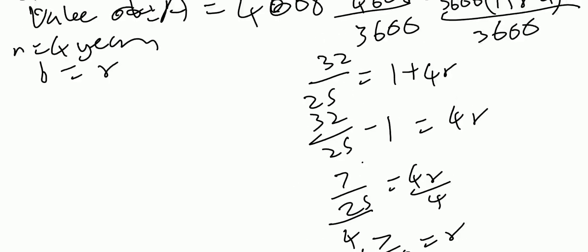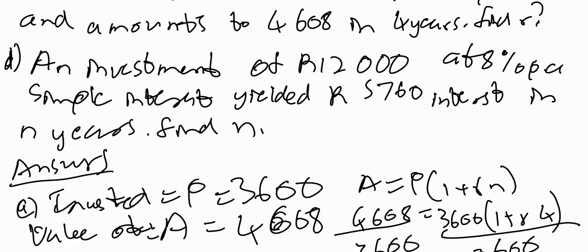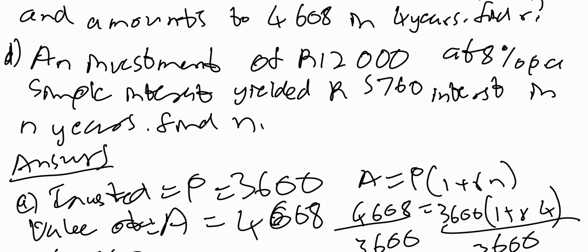Now let's go to the next question. An investment of 12,000 at 8% per annum, simple interest. Remember, they're telling you that it's simple interest. When they talk about simple interest, you think about the formula of simple interest. It yielded, meaning it formed, or such terms, 5,760 interest.